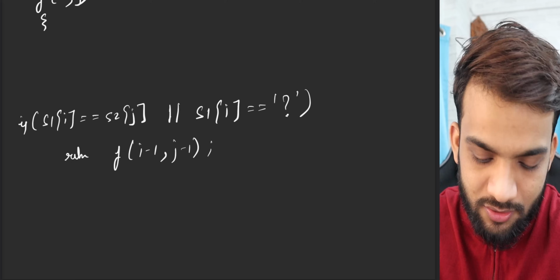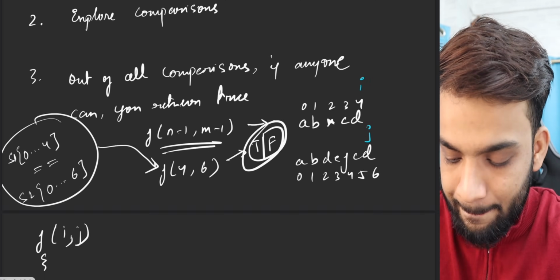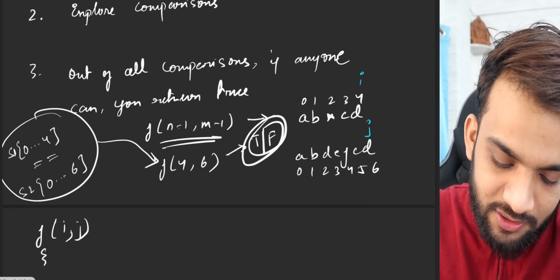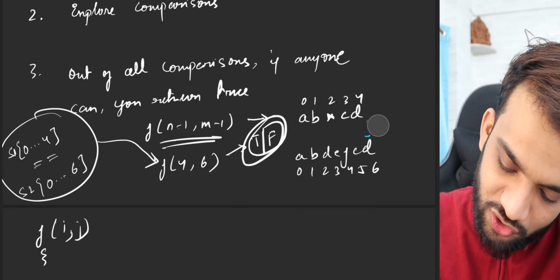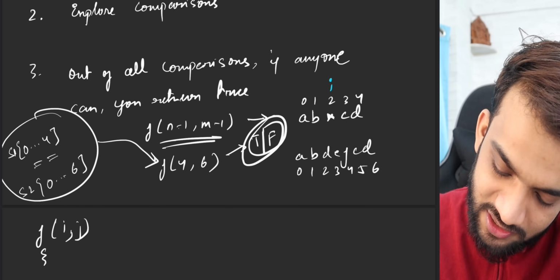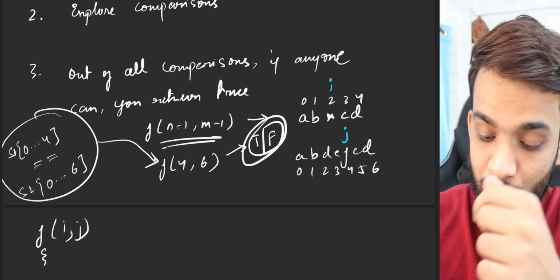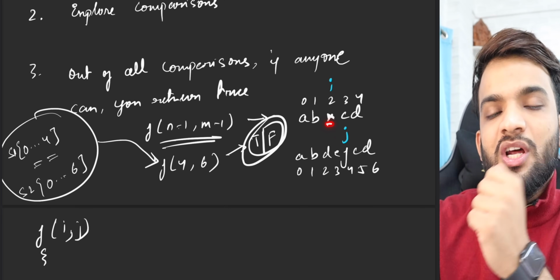Okay, what can be the other condition? Let's analyze. The other condition that I can think of is, what if my I, let's erase this I over here, let's erase this J over here, what if my I stands here, what if my J stands here? So what I see is, we have a star.